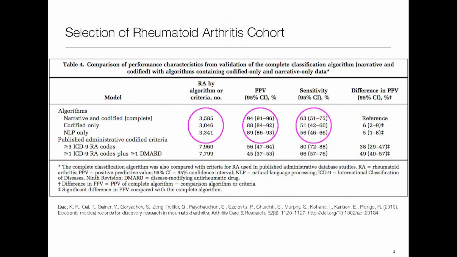And in fact, to give you a slightly more quantitative version of this, Kat and I worked on a project back around 2010 where we were looking at trying to understand what are the genetic correlates of rheumatoid arthritis. And so we went to the research patient data repository of Mass General and the Brigham, Partners Healthcare, and we said, okay, who are the patients who have been billed for a rheumatoid arthritis visit?